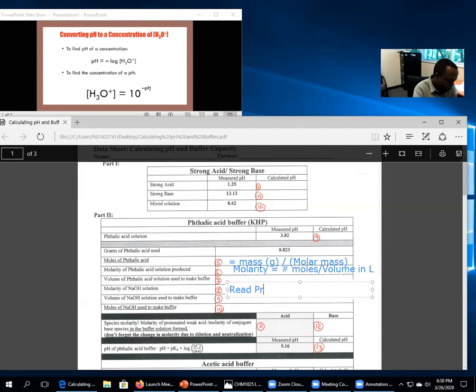That is what you need to do for line 8 and line 9. No calculation. You need to find those values from the manual for part 2.